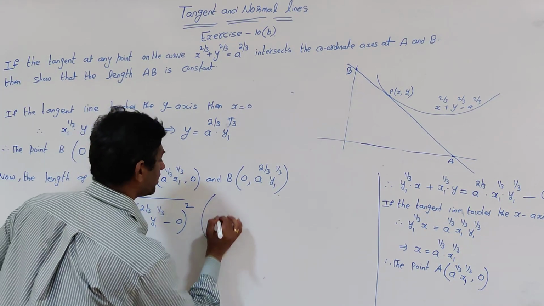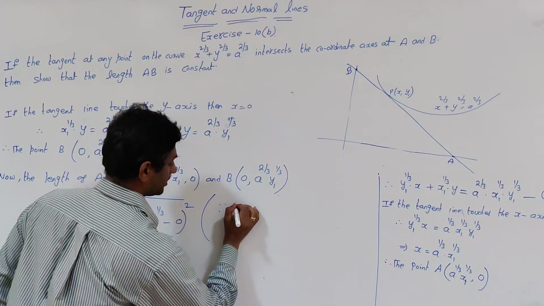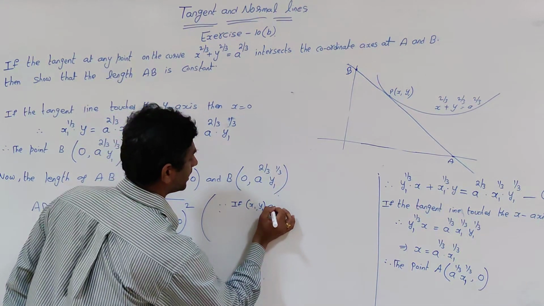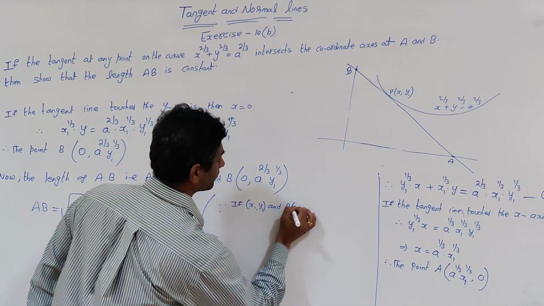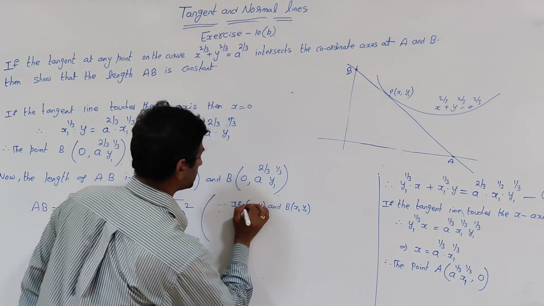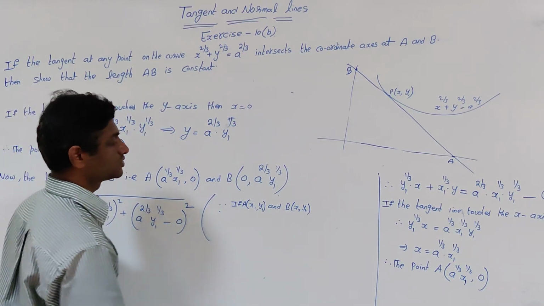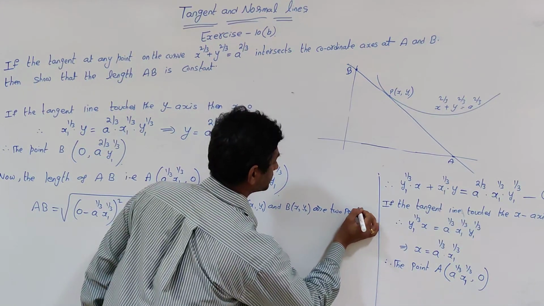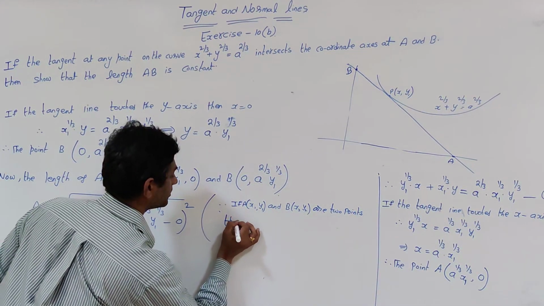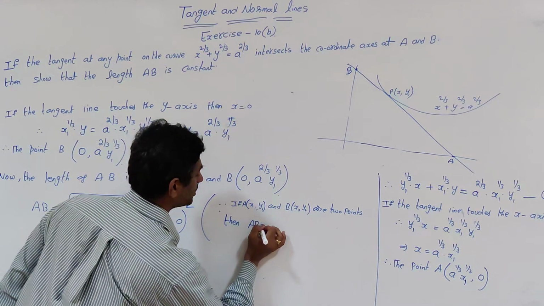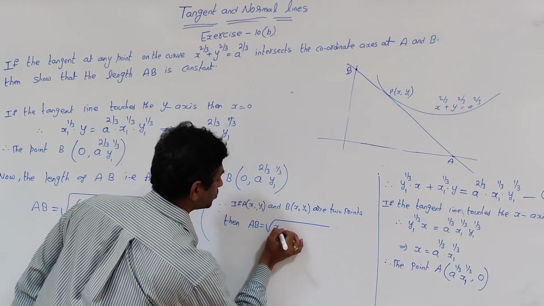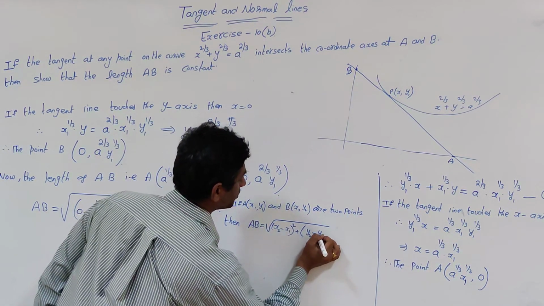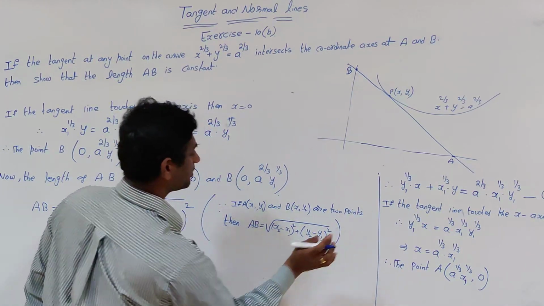So the formula we have applied is: if A x1 y1 and B x2 y2 are 2 points, then the length of AB or distance will be square root of x2 minus x1 whole square plus y2 minus y1 whole square. So that is the formula we have applied here.